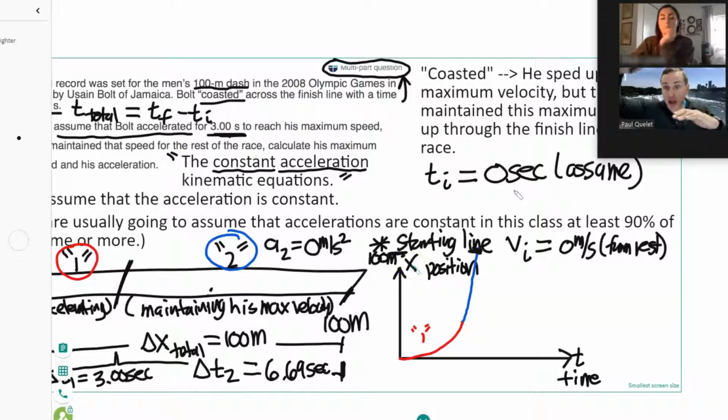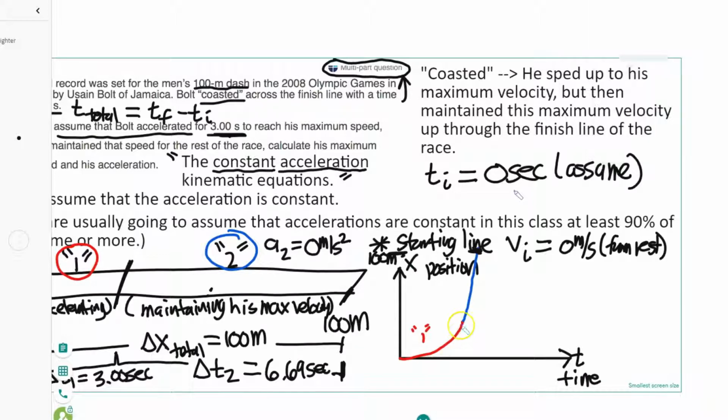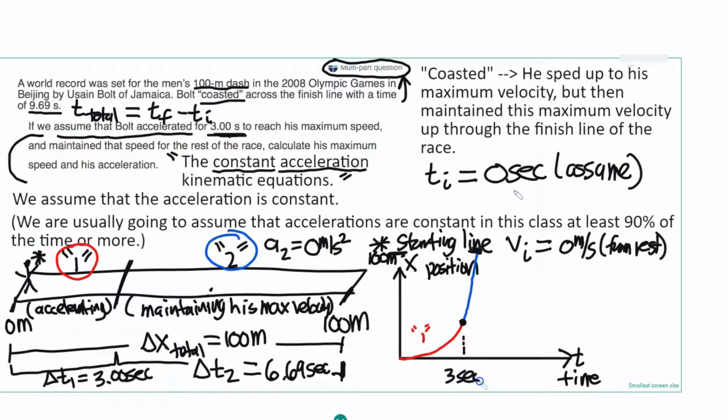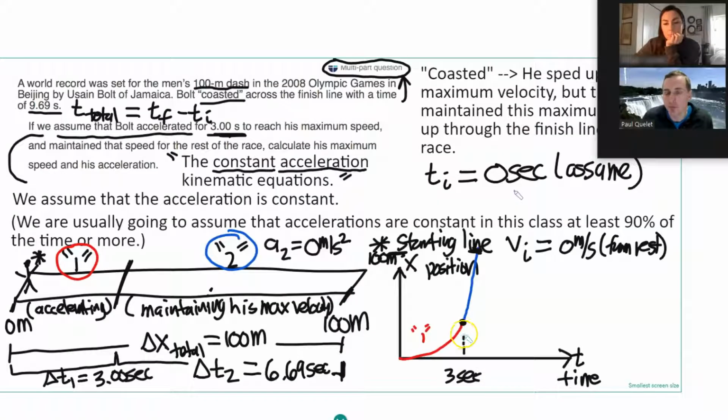Because we get up that vertical axis, we get to 100 meters, we're done with the race. But here's my question. What's unique or important about this point? First of all, what is the time at this point? We already talked about that. 3 seconds. This is at 3 seconds.